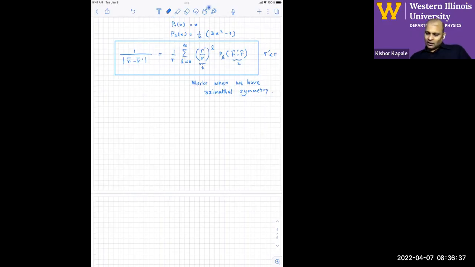Okay. The utility of this is still kind of limited because what it depends on, okay, so let's say the crucial parameter here is x, which is r prime hat dotted with r hat, and which is equal to some cosine of the gamma angle between them, right? And so what we have, for example, here is, let's actually draw a picture that shows what's going on.